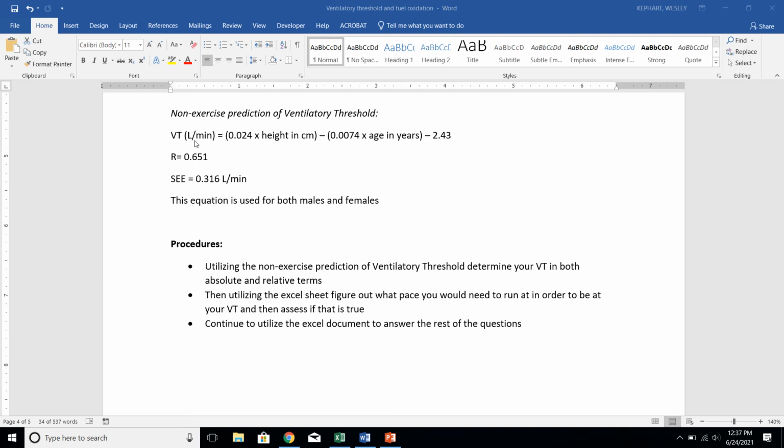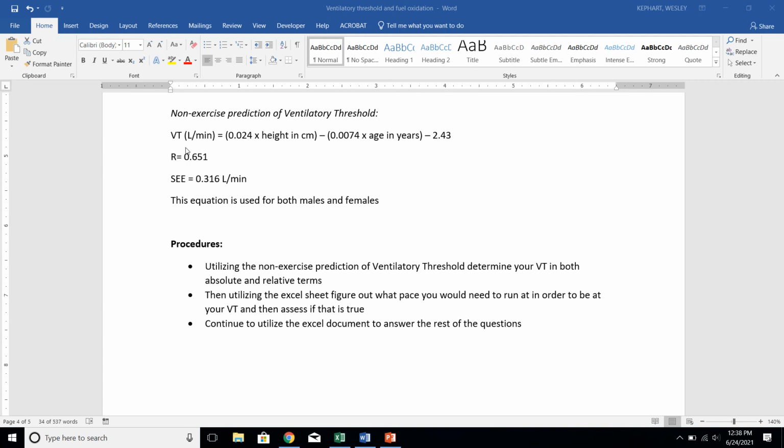If you can maintain that for 3 minutes or so and you're breathing pretty hard, it's very likely actually your ventilatory threshold. If you're not breathing quite hard enough, then it under-predicted your ventilatory threshold. If you can't even maintain this pace for 3 minutes, it over-predicted your ventilatory threshold. And I'm going to take you to the Excel sheet to kind of show you how to do that.